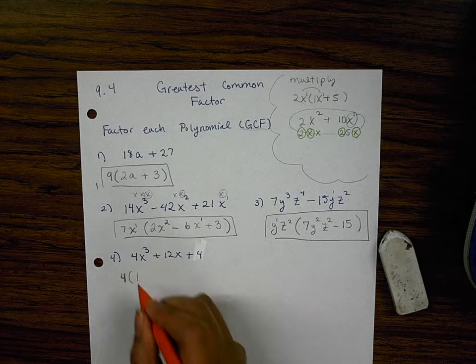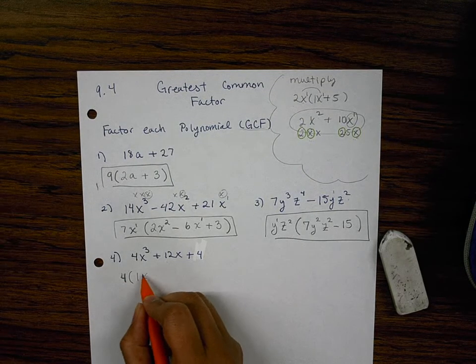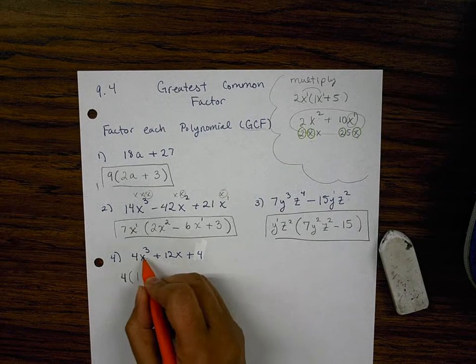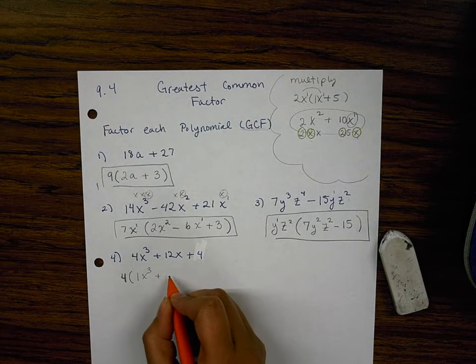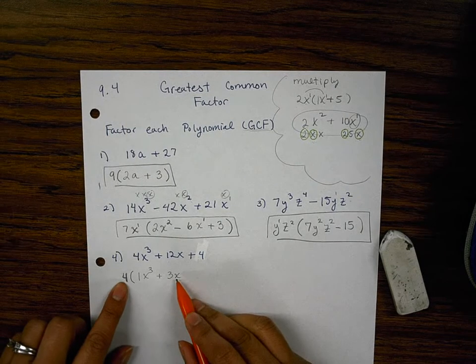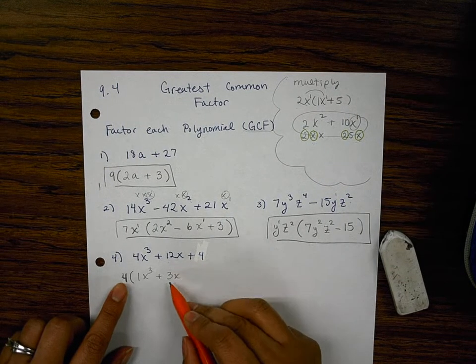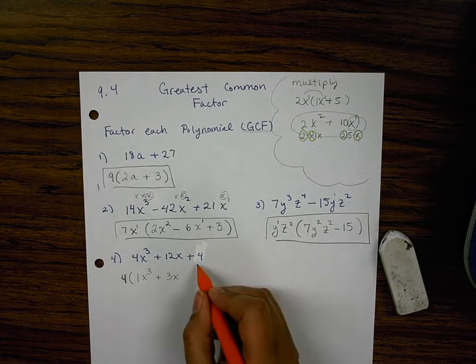All right, 4 times what is 4? That is 1. You don't have to put the 1, but you should know it's there. There's no x here, so this must be an x cubed, because 4 times 1x cubed is 4x cubed. Plus 4 times what is 12? That is 3. And I'm going to put the x, again, because there's no x out here, and I need an x. 4 times 3x is 12x.